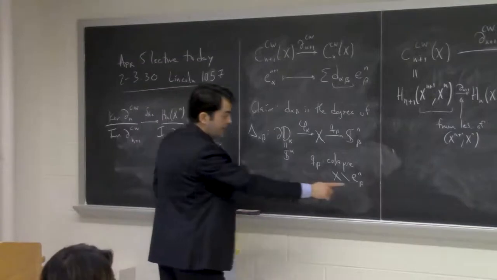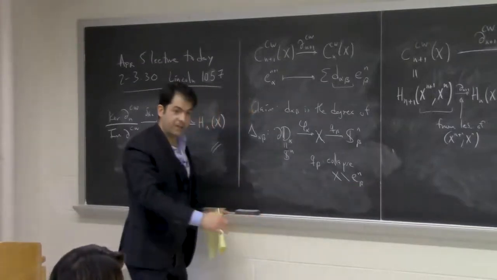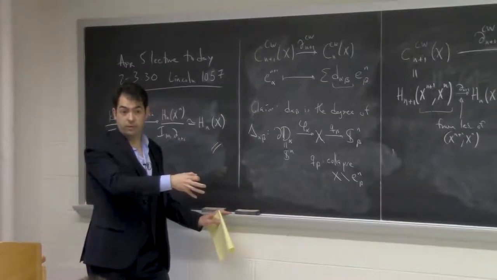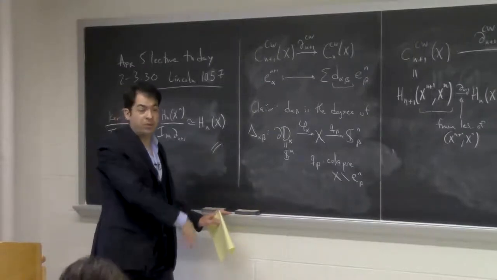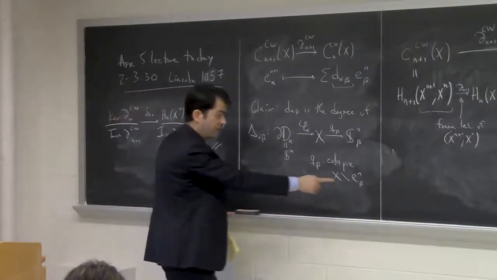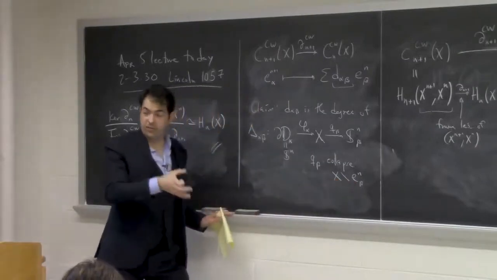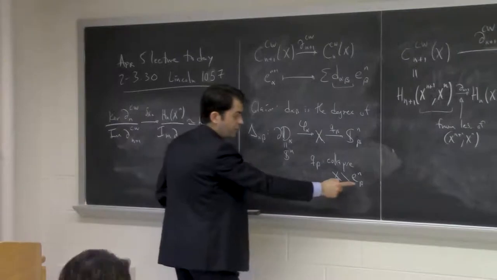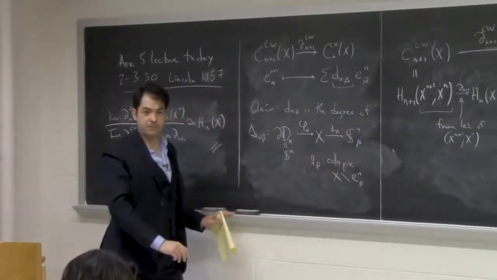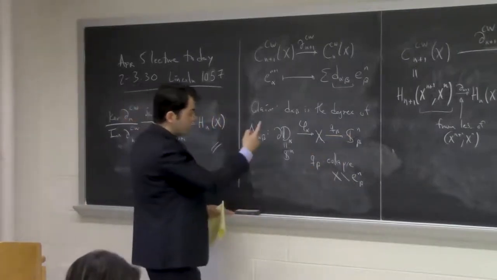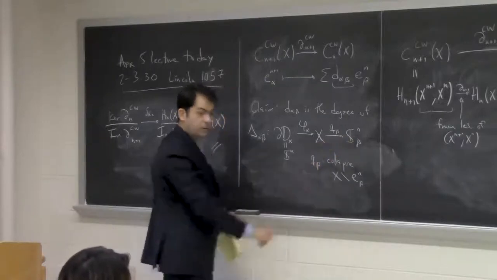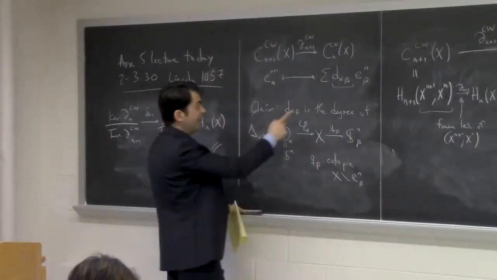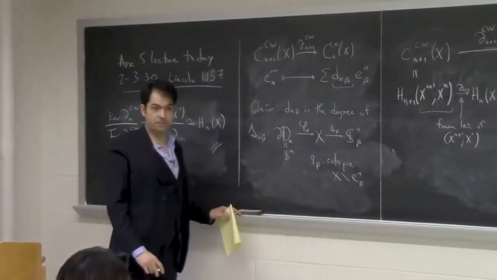Every n cell is an n-dimensional disk that we're attaching by doing something on the boundary. So if you collapse everything in X except this disk, then all you're left with is this disk with its boundary collapsed. And if you have an n disk and you collapse the boundary, you end up with the n sphere. So we have a map from the n sphere to the n sphere, so it has a degree. The claim is that that degree is this coefficient.